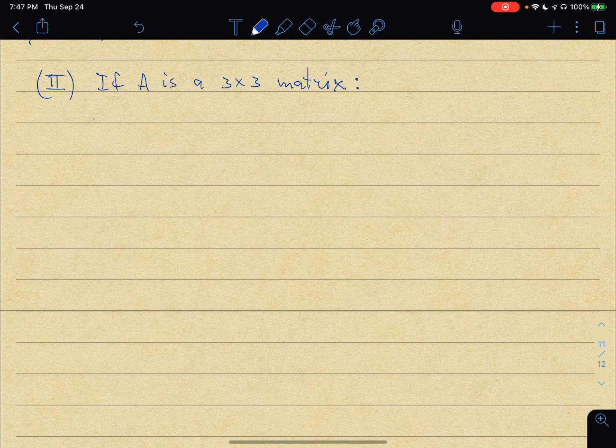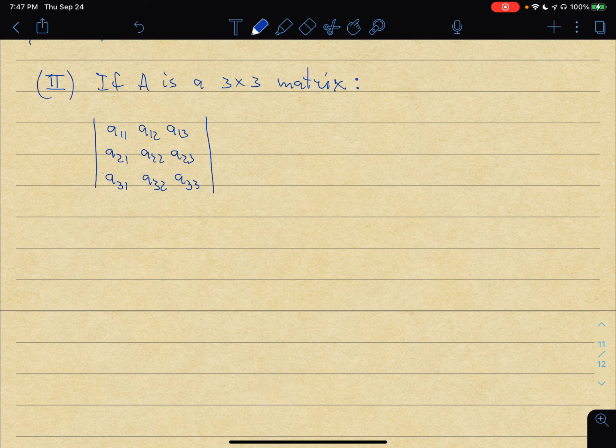So let's say I want to compute the determinant of A11, A12, A13, A21, A22, A23, A31, A32, A33.